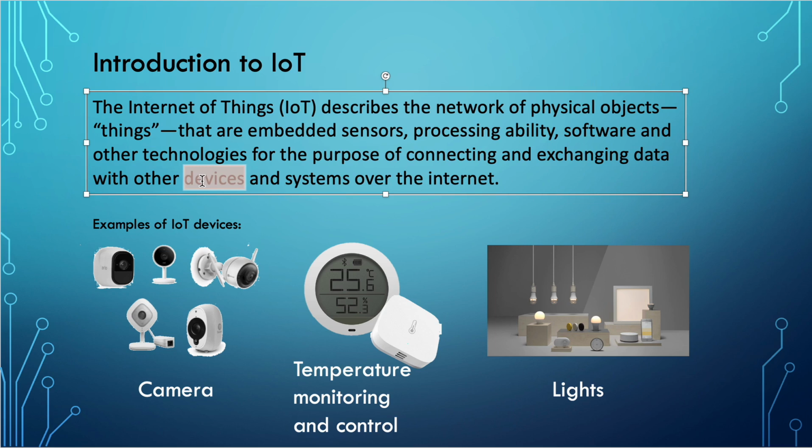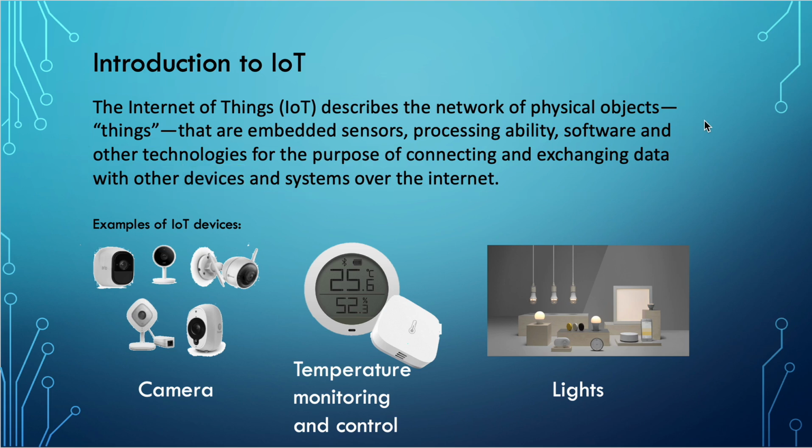What are these other devices? Physical objects are also devices and they are connected to other physical objects, so other devices. First and foremost, we will look at examples of what these devices are.